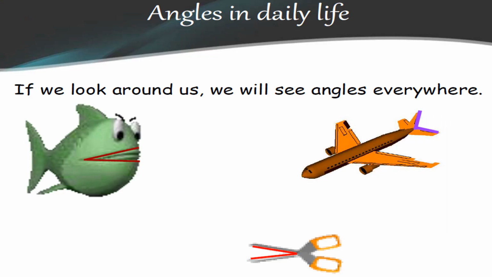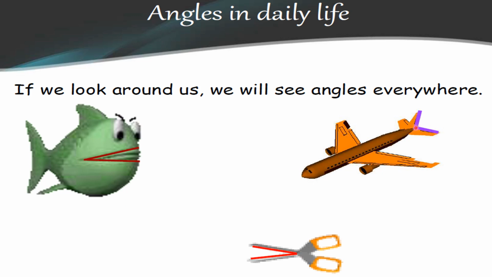Right. So let us observe the angles in our daily life. See here, if you look around us, we will see angles everywhere. See this fish, the mouth of this fish. It is an angle. Here, observe the tail of this aeroplane.